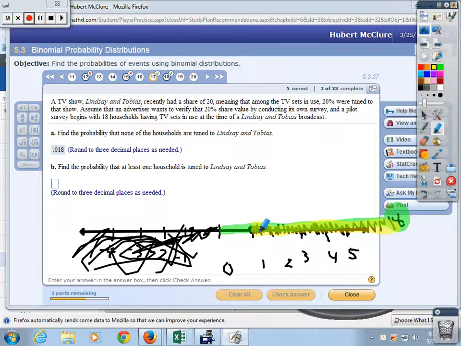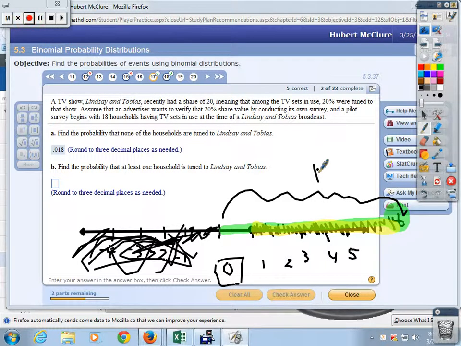So this whole probability is equal to 1, right? So if this whole probability is equal to 1, then why can't I just take the probability of 0 and subtract it from what? 1.